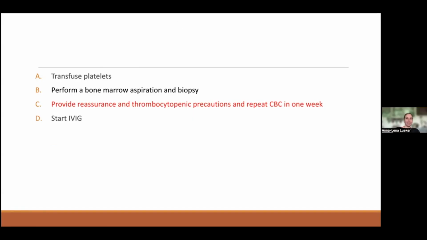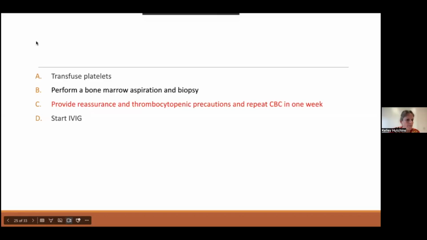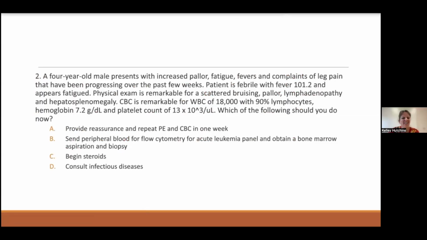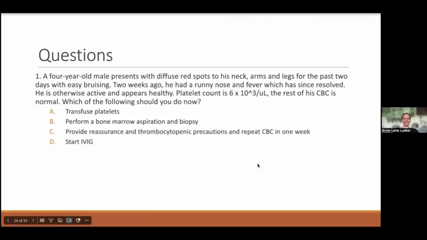If you exit the full screen, you might be able to see it. I feel like I saw it pop up on the bottom left of your screen. There. Oh, hello. Thank you so much. This is not my forte, but okay.